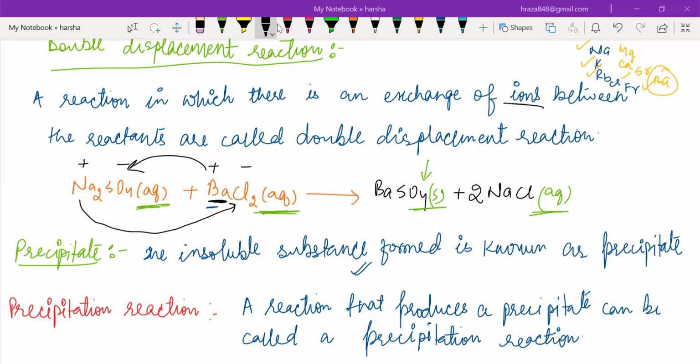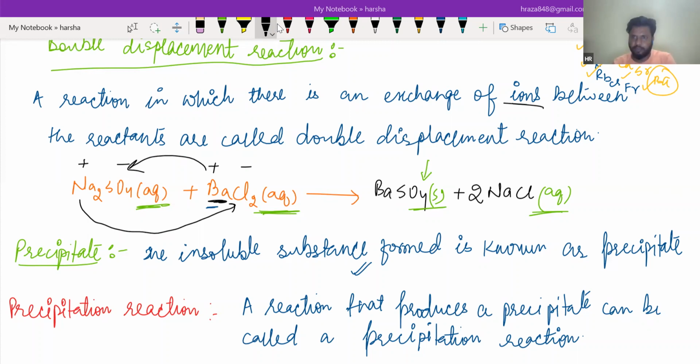Sir, can any kind of reaction have precipitate, or only double displacement reaction? No, it's not necessary. There will be a specific type of reaction in your syllabus.